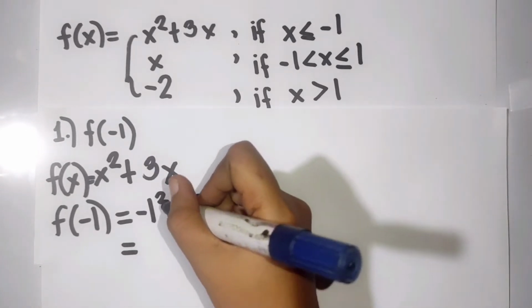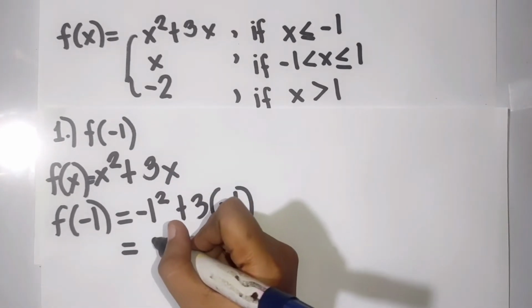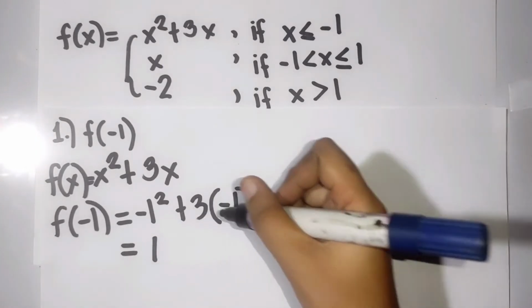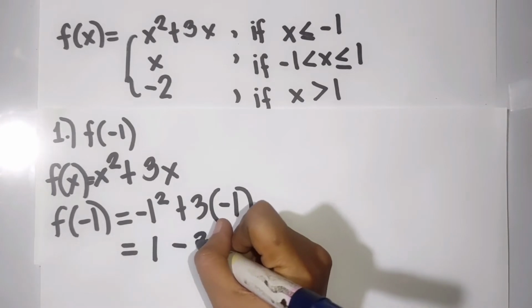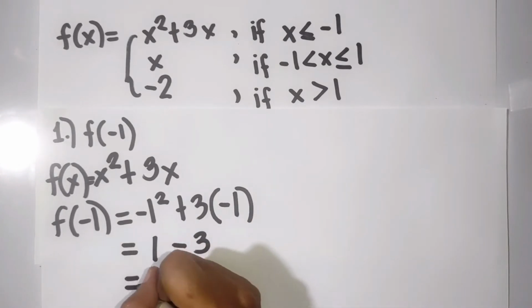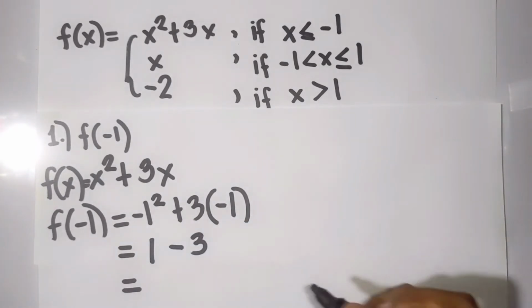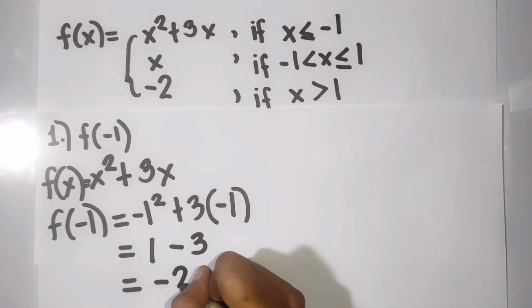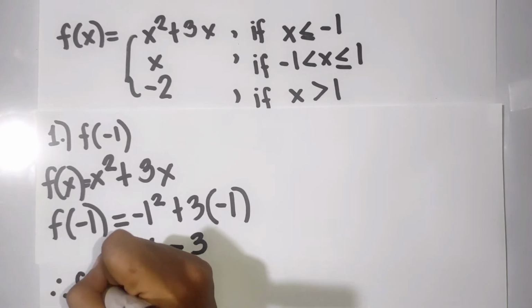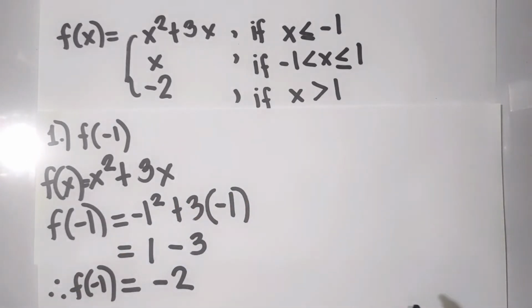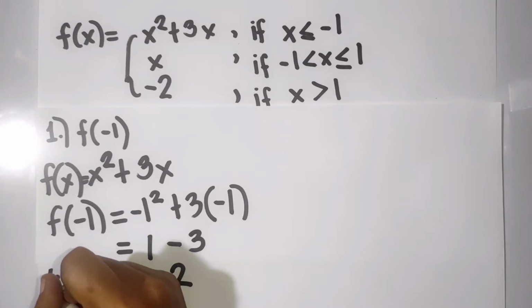Next, negative 1 raised to the power of 2 is positive 1. 3 times negative 1 is negative 3. 1 minus 3 is negative 2. Therefore, f of negative 1 is equal to negative 2.